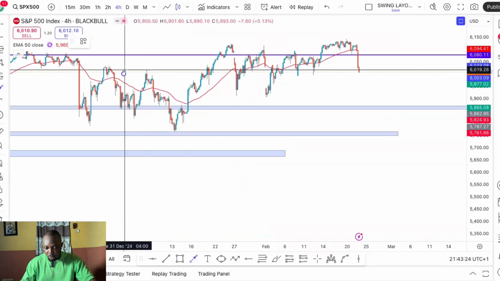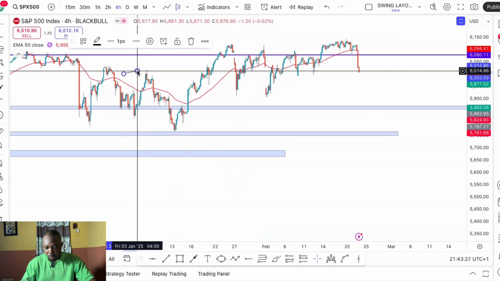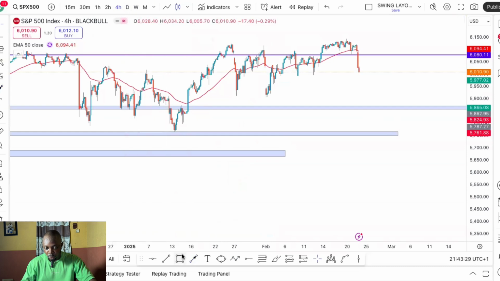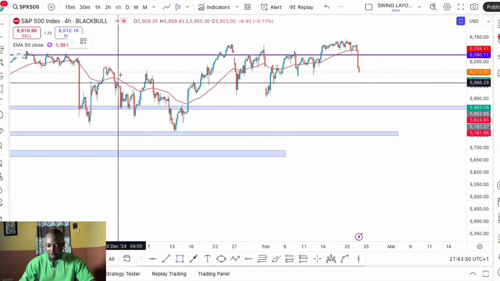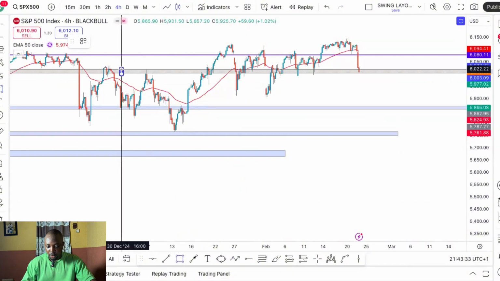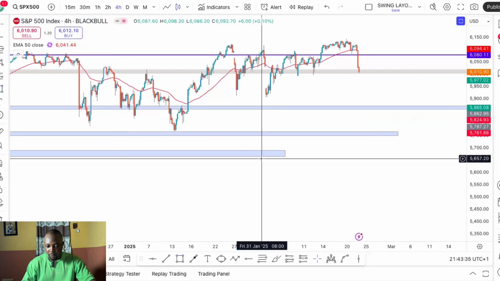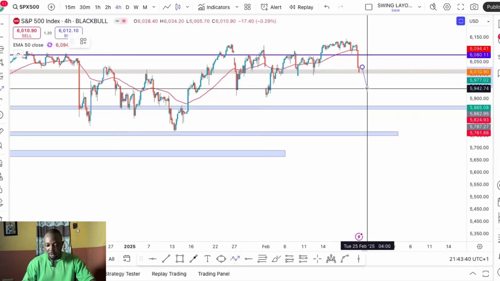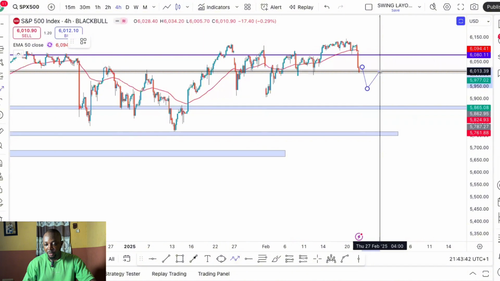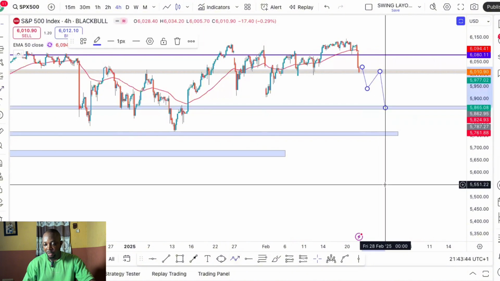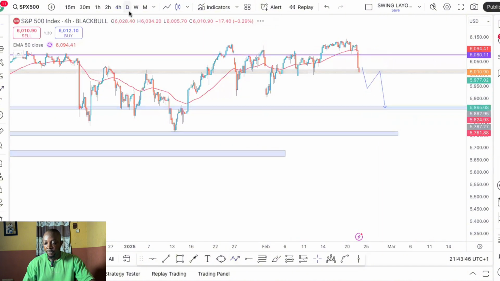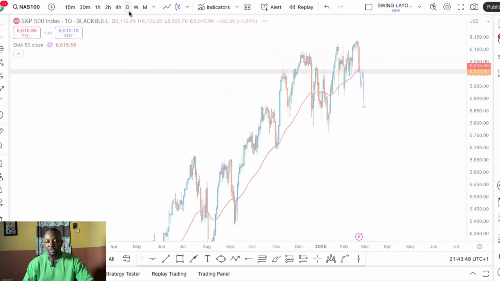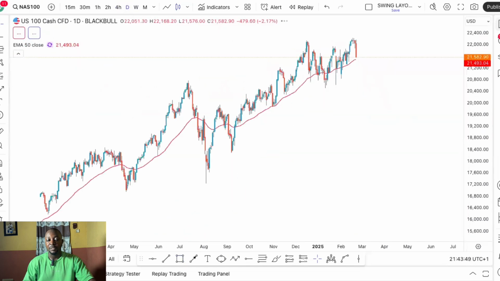So look at this zone. Where did I pick? Over here. Yes. So we're waiting for the market to break this level, retest, reject, and look for sales to the downside. So bearish on SPX 500.